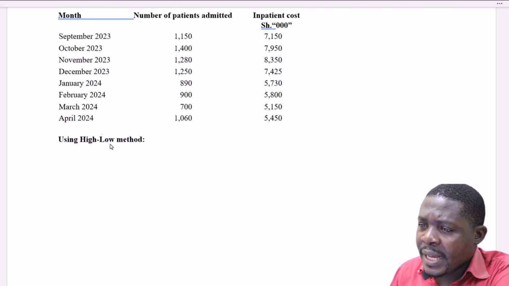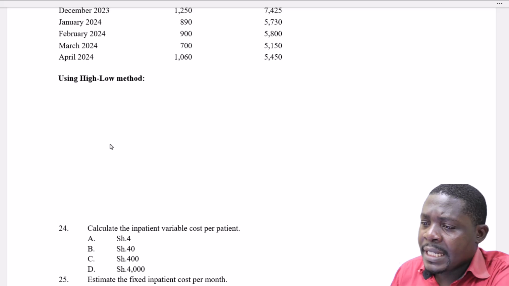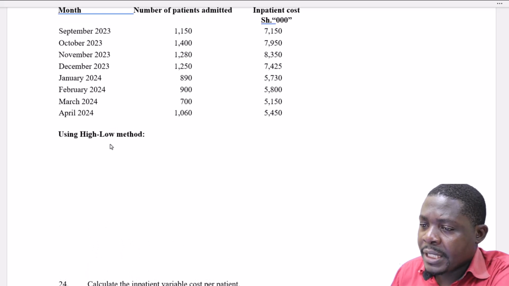Now let's use the high-low method to calculate the inpatient variable cost per unit.